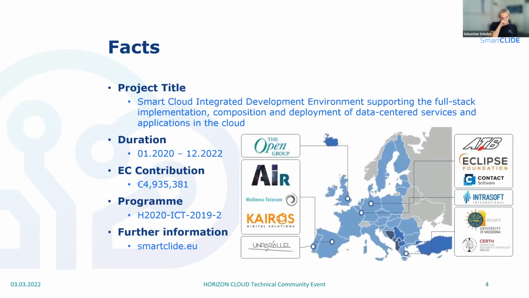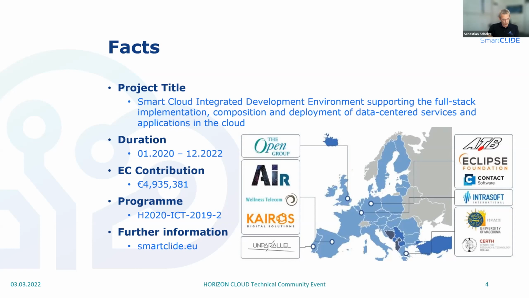So maybe start with some facts. SmartCLIDE. I have to read the title because it's very long. Smart Cloud Integrated Development Environment supporting the full stack implementation, composition, and deployment of data-centered services and applications in the cloud. So I think that's the typical name of a proposal. And on the next slide, I will guide you what is our idea. SmartCLIDE project started January 2020 and will go until end of this year.